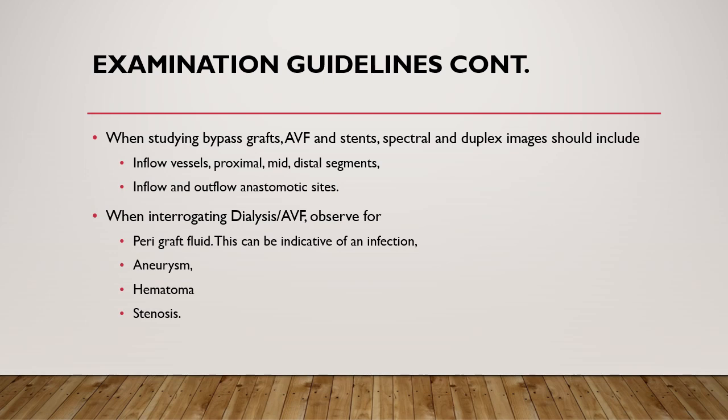You want to make sure they don't have an aneurysm, a hematoma, or stenosis. So again, when duplexing the fistula, you want to make sure that the four listed are not seen. If seen, they need to be addressed usually right away.